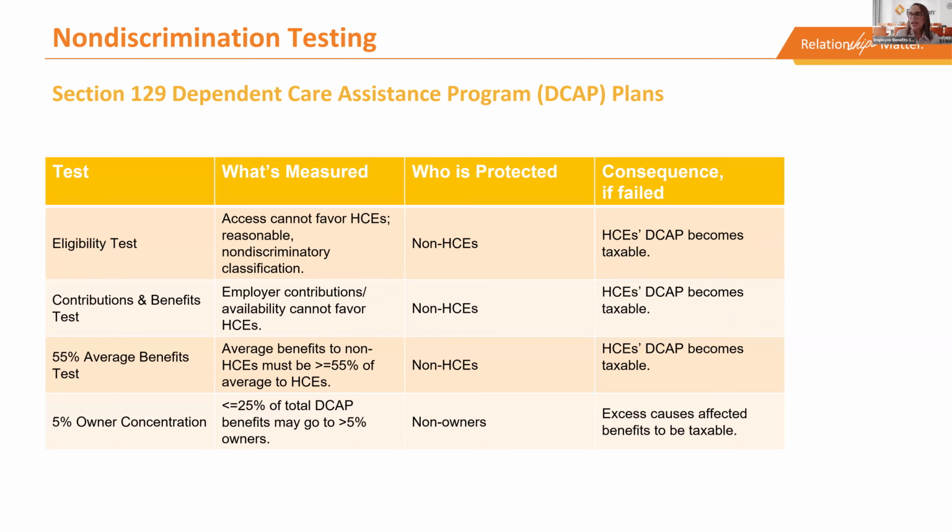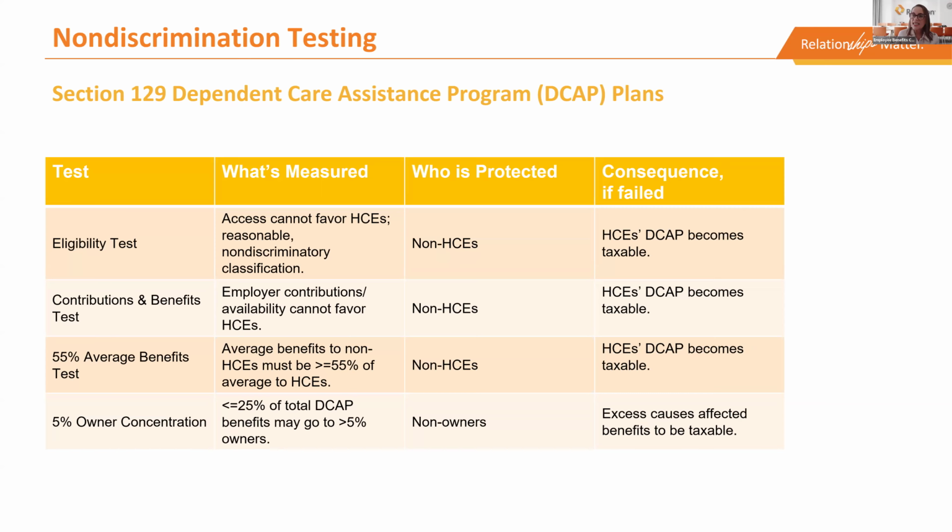Section 129, again, covers dependent care assistance. There are 4 different tests that must be met here. It's the eligibility, again, the contributions and benefits test. In the case of the average benefits test for dependent care assistance, for everybody that uses those benefits, the average for non-highly compensated individuals must be greater than or equal to 55% of the average of the highly compensated individuals.